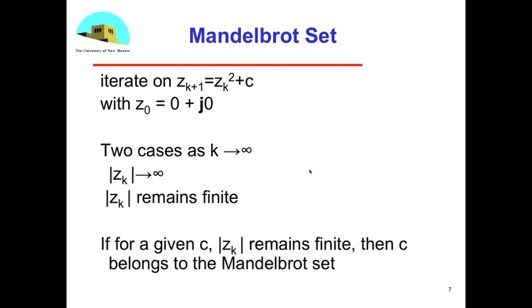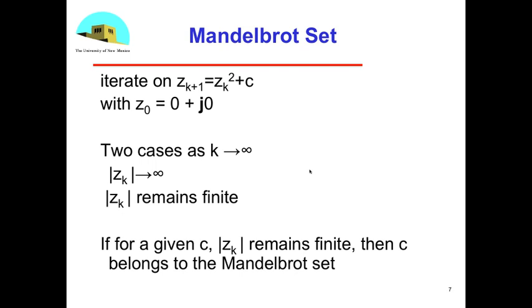So if we now were to take a plane and rule it into pixel-sized areas, and let each c be the center of that pixel, now I have a way of computing members of the set computationally, but numerically. For all the c's that are the location of pixels in that rectangle, I'm going to apply this function and see what happens, whether it's going to blow up or remain finite.